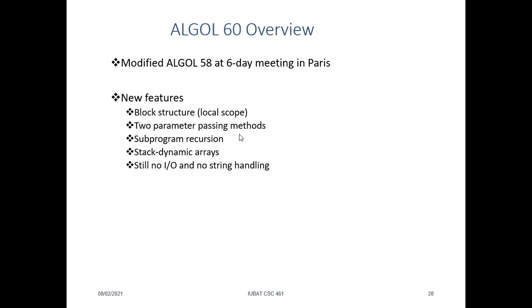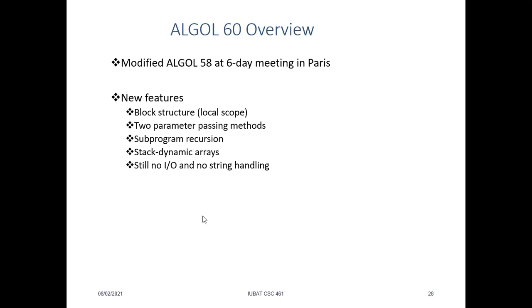They used 2 parameter passing methods, subprogram recursion, and stack dynamic arrays, but it did not have any string handling. We're talking about 1960. We even see these features reflected in today's programming languages, even after how many years? 50 years, let's say. No, not 50, 60 years exactly, now in 2021.